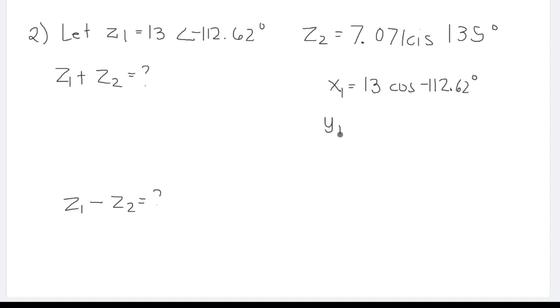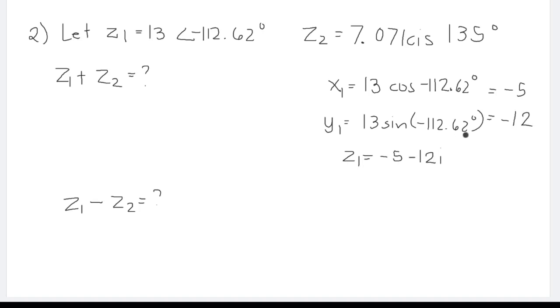Then for y1, that is 13 sine of negative 112.62 degrees. So the value of x1 is negative 5 and the value of y1 is negative 12. So meaning C1 is equivalent to negative 5 minus 12i.